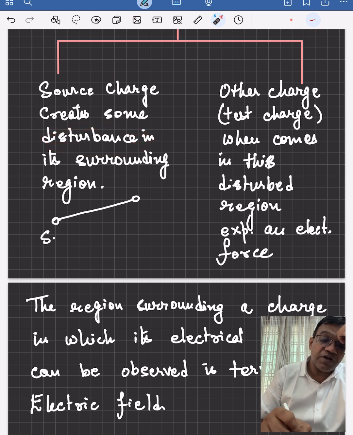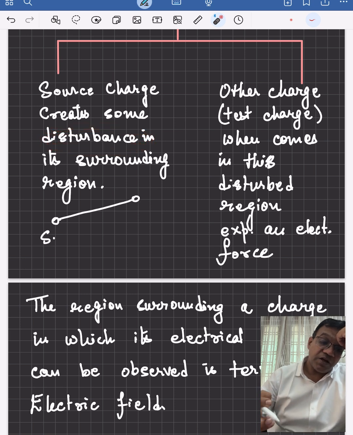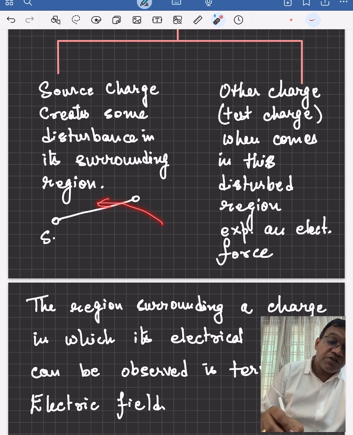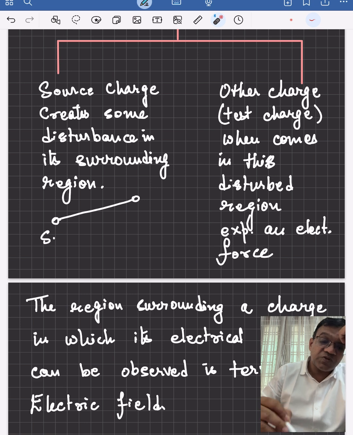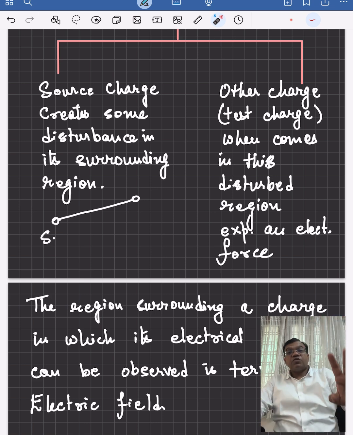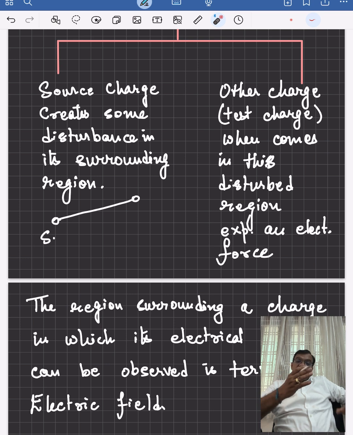Now when any other charge comes in this disturbed region, it experiences a force. So both of the charges produce some disturbance in the surrounding region, and after that when the other charge comes in this region, it experiences the force.